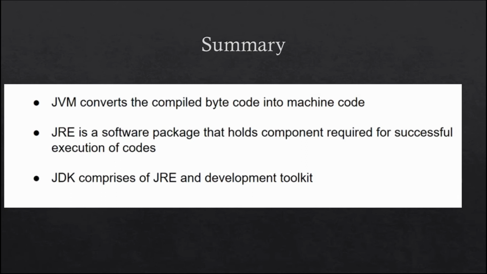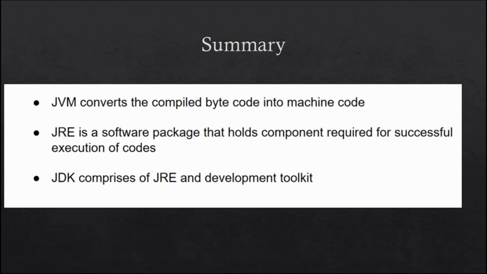So if you have to summarize these three basic key terms that you need to understand about Java in order to step into this world: the Java Virtual Machine converts the compiled bytecode file into machine code. It's the virtual machine which converts bytecode to machine code.